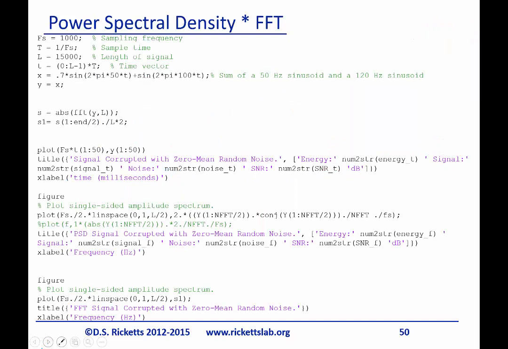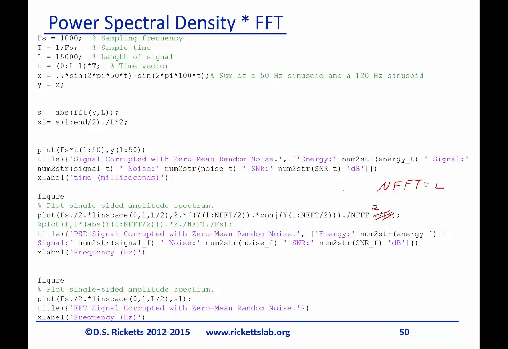What I did is I went ahead and plotted this, but I went in and I deleted this, and I did NFFT squared, where that is our number of points. Once again, NFFT equals L in this example.